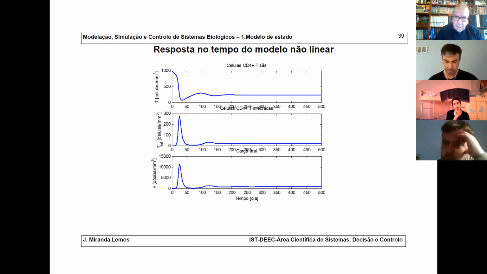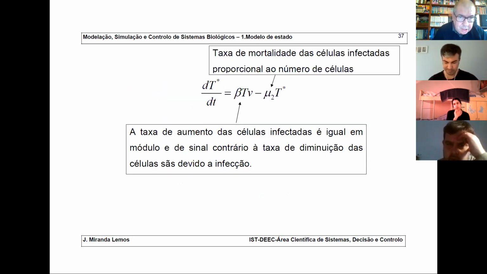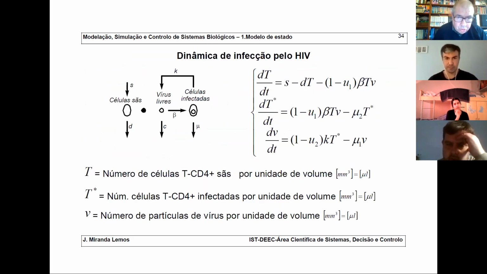What do you mean, one equilibrium point? You have these equations. How do you compute equilibrium points? You set the derivatives to 0. So you set the first equation to 0, the second to 0, and the third to 0. You know the parameters.